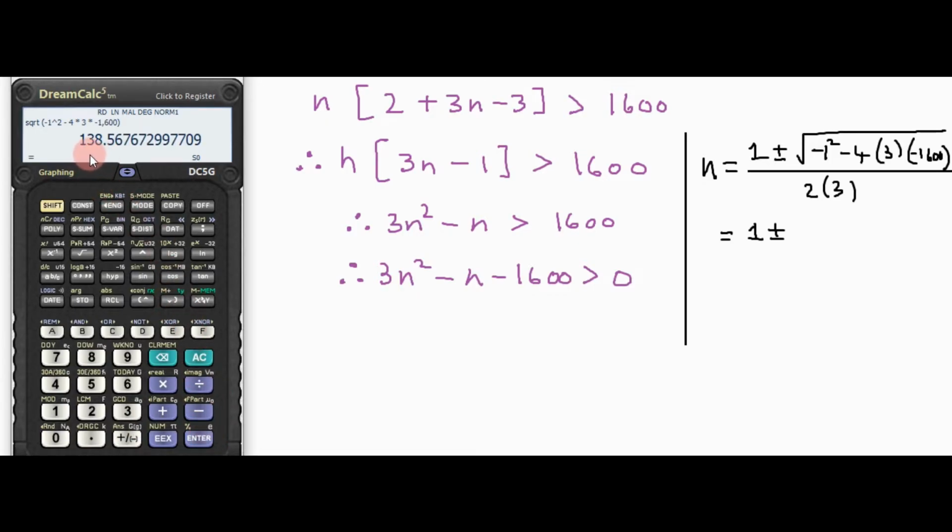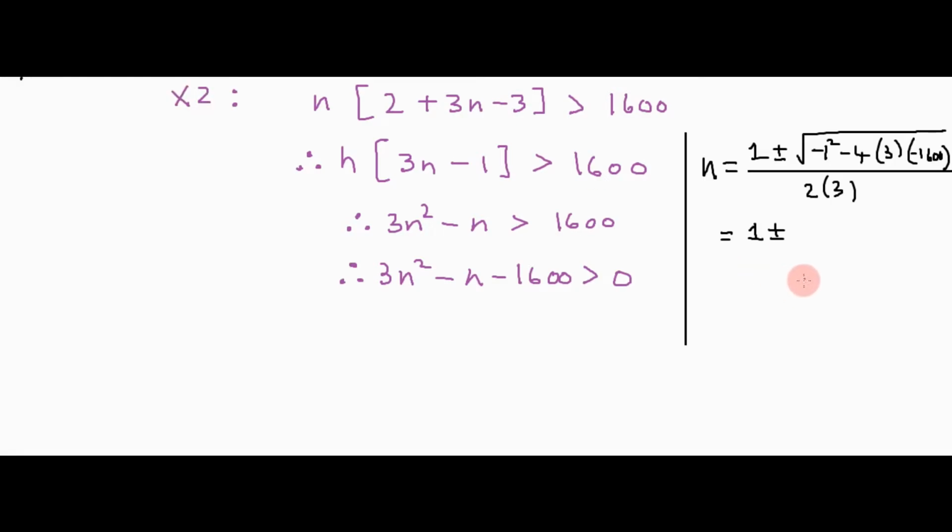And it comes to 138,567, etc. Of course, we always only round off the final answer. So this is all over 6. Now, n must be a natural number since it's a number of terms.